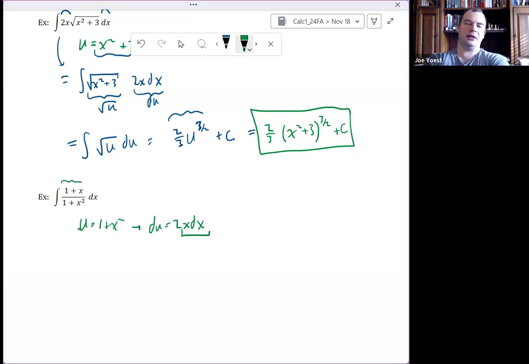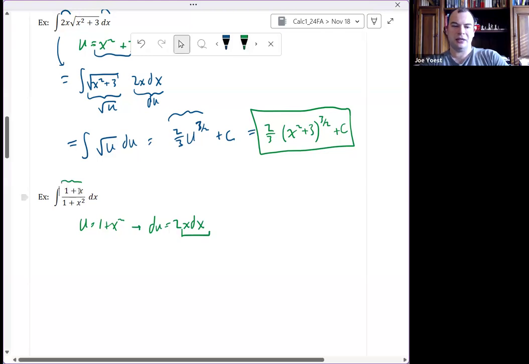But du does not look like (1 plus x) dx, unfortunately. If I pick u to be just x squared, I get the same du. If I pick u to be 1 plus x, then my du is just dx. That doesn't really do a whole lot. I have this whole denominator that I don't know what to do with.